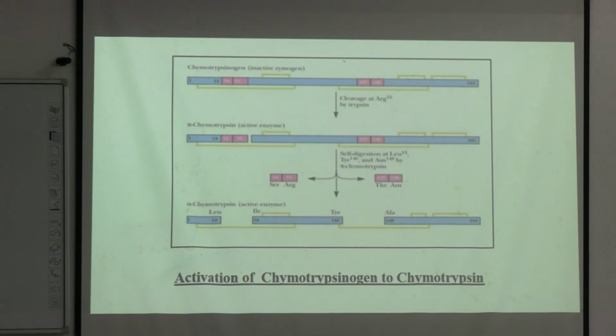So, from chymotrypsinogen, by a very complex procedure, 3 fragments are produced, and they remain together, connected to each other through disulfide bonds, and they are approximated, and then the active site is opened. So, everything is not so easy.